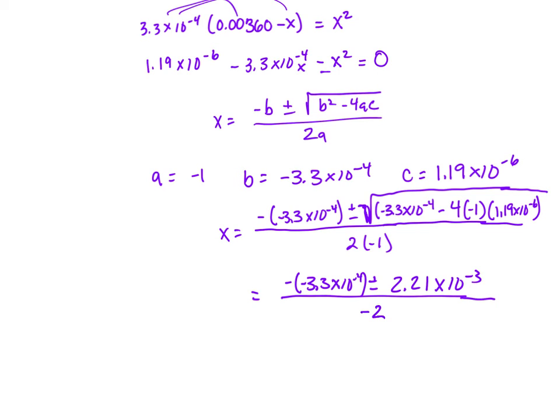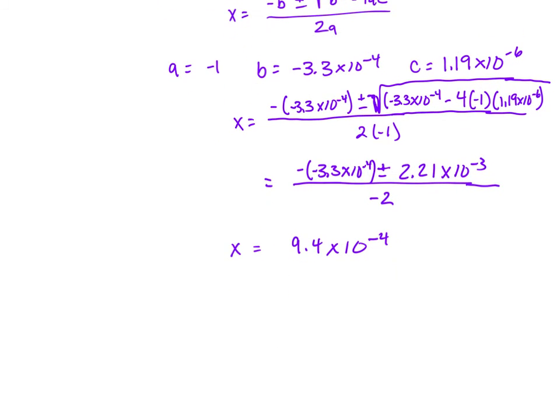So when we do 3.3 times 10 to the minus 4 minus the 2.21 times 10 to the minus 3 divided by the negative 2, we'll get X is equal to 9.4 times 10 to the minus 4. And when we do 3.3 times 10 to the minus 4 plus 2.21 times 10 to the minus 3, then we end up with X is equal to minus 1.27 times 10 to the minus 3.